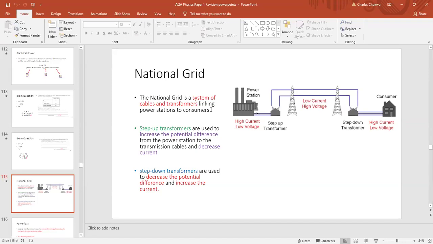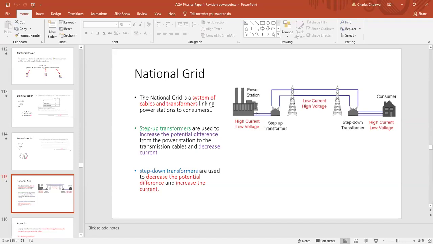Now, I want you to see something that is happening here. In your mind's eye, imagine that power is constant. Power is current times voltage, isn't it? Yes. So if power is constant, either current will be high and voltage low, or voltage will be high and current will be low.